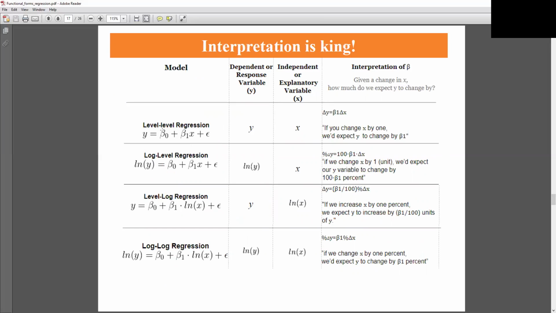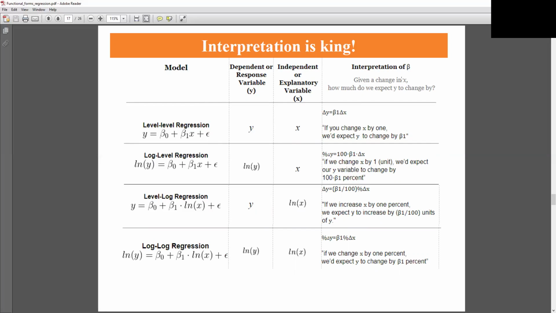So this is level regression. It means linear regression. As you can see here, y is equal to beta naught plus beta 1 x plus the error term ui. Here there is no log on y as well as no log on x. The dependent variable is simply y. We are not transforming it. Similarly, we are not transforming the independent variable. Then how to interpret? Given a change in x, what is the change in y?